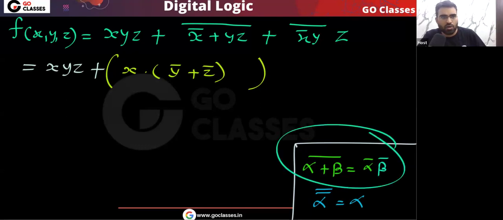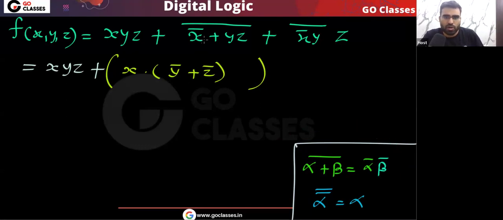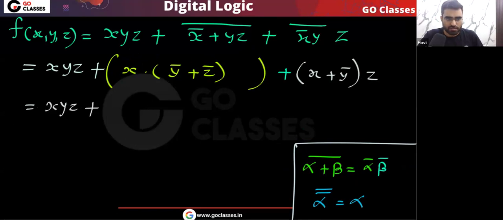This is the De Morgan law. Now you apply this De Morgan law. You will get x bar whole complement, that will be x, this or will become and, and here you will have (yz) whole complement, that is y complement or z complement. Again, you can apply the De Morgan law, so you will get x or y bar z, right? Yes or no? So if you simplify, what will you get?